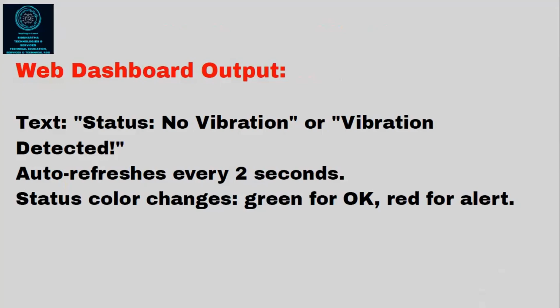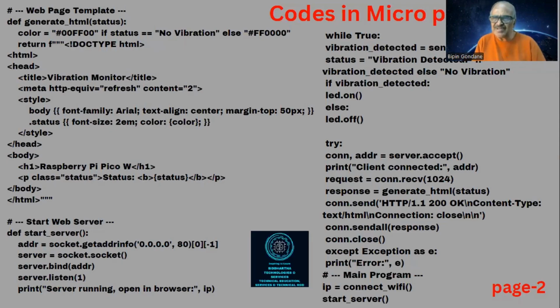Because we should all learn MicroPython, with a simple project to understand, and learn how to start an IoT project in MicroPython using a Raspberry Pi Pico W board. I hope you will like this. Let's go to the lab. Lab is important. That's why I'm giving you live practical sessions so that you will get ideas.